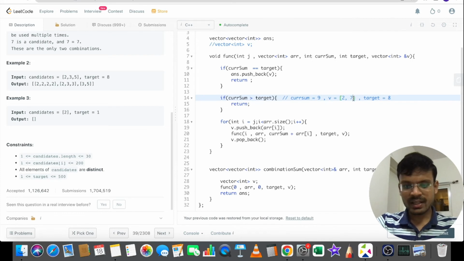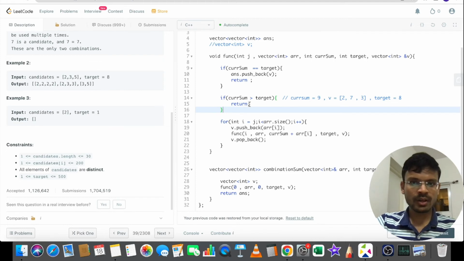So if I append any positive integer to this vector, suppose 3 to it, then the current sum value is only going to be greater than the target. So it won't be of any help to me. I'm basically returning from here itself so that I don't have to do unnecessary computations.